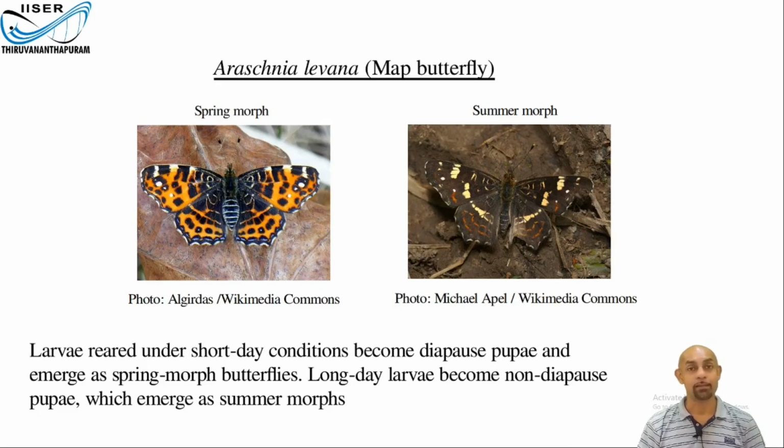So during spring, the developing larvae experience short day lengths and they develop into this morph, and during the summer they experience longer day lengths and they develop into this morph, and this can be replicated in the lab. If these are grown in short day length conditions, you get this morph, and if you grow them under long day length conditions, you get this morph.